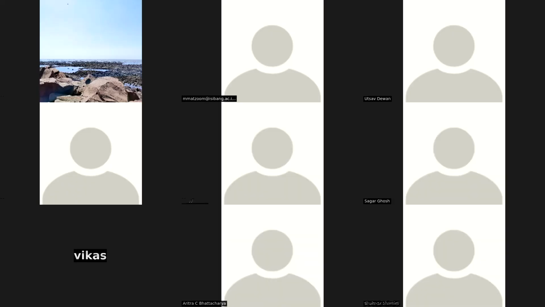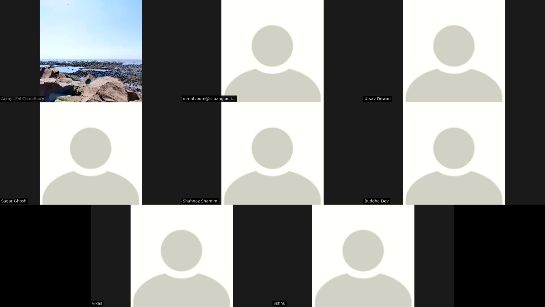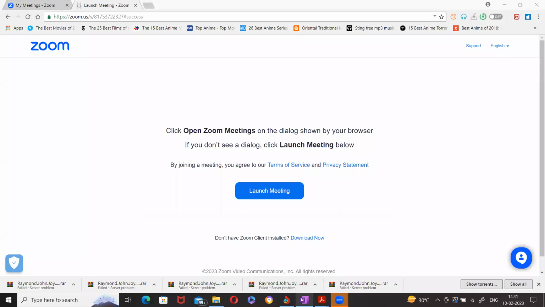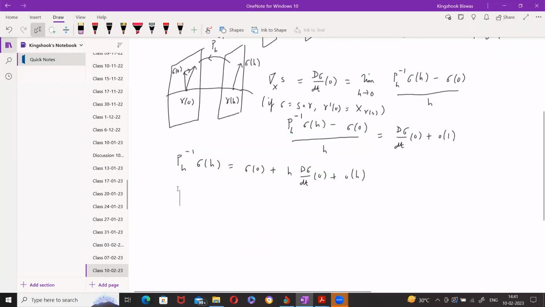Okay, let me stop this session and start a new one. So, okay, what we see is that the connection nabla gives me a notion of covariant derivative along curves.